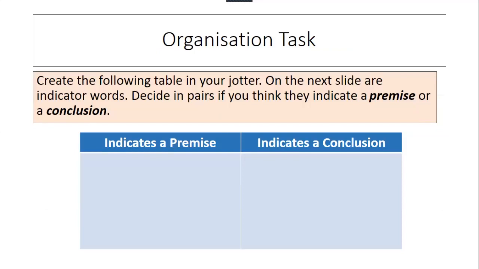So what you're going to do now is create this table on your Word document, in your jotter or in your workbook. On the next slide are indicator words, and I want you to decide if you think they indicate a premise or a conclusion. So this is just something you can do off the top of your head, like guessing which words do you think sum something up, which words do you think indicate a piece of information to support a conclusion.